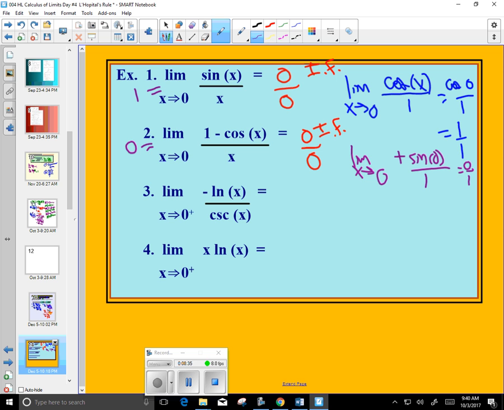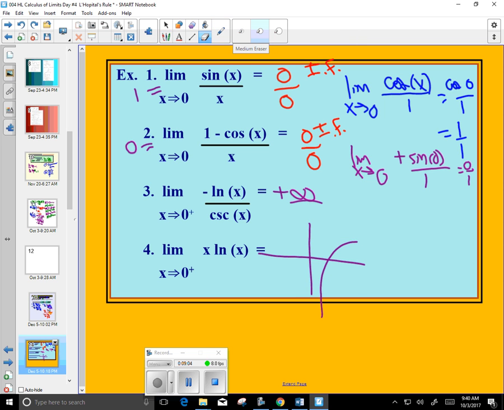What's the derivative of the natural log of x? 1 over x. And we'll review that one too. But so if the derivative of natural log is 1 over x, put a 0 in. What is the natural log of 0 from the plus side? Negative infinity. The opposite of that is infinity. And cosecant at 0, that's kind of a dirty trick too.